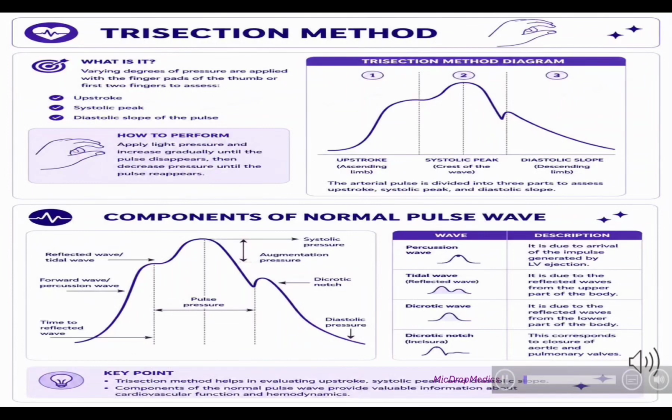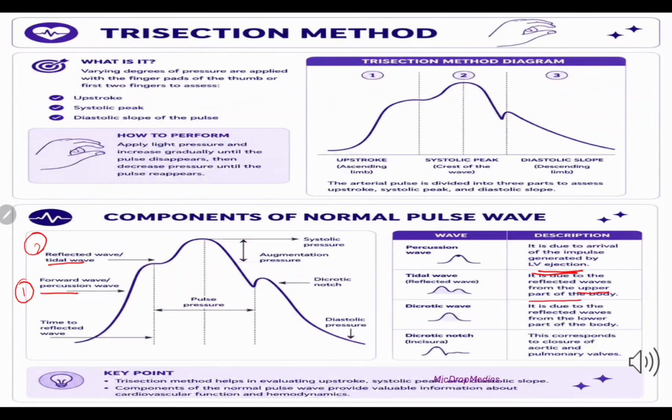Let's break down what a normal pulse wave, the catacrotic pulse, looks like under microscopic level palpation. First, there is a rapid rise called the percussion wave. This is caused by the sudden arrival of the pressure wave generated by the left ventricular ejection. Next is a smaller peak called the tidal wave, which is simply the pressure wave reflecting back from the upper parts of the body.